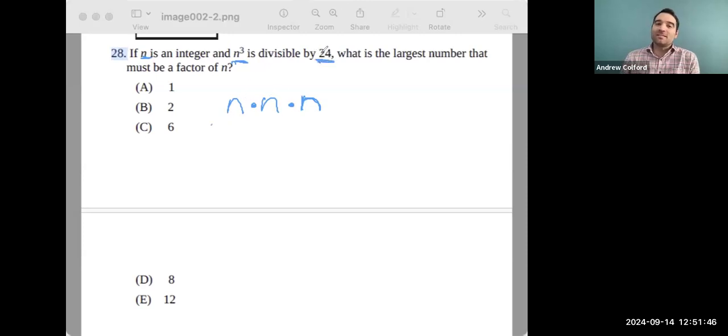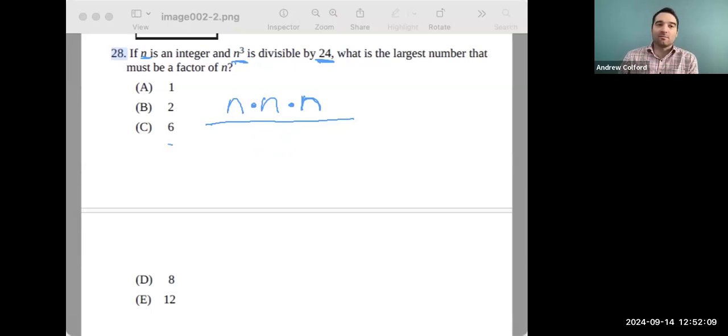It tells me that this n times n times n is divisible by 24. That means I should be able to put 24 in the denominator and cancel at least 24 on the bottom.